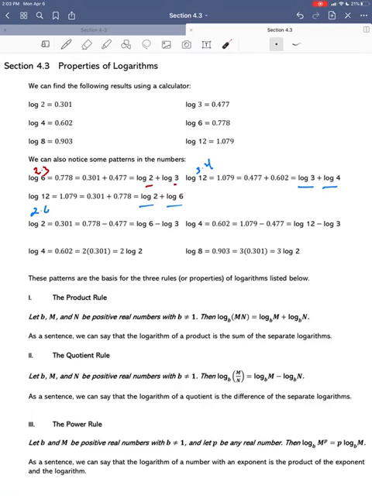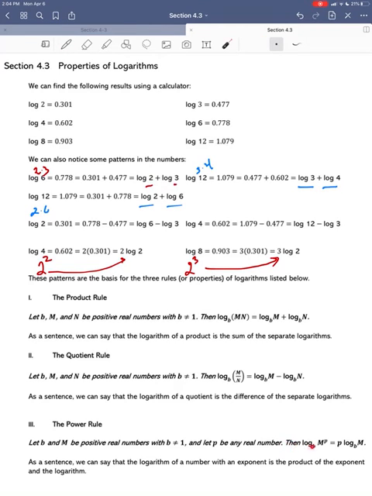The final property we have is a power property. 4 is the same thing as 2 squared. And that becomes then 2 times the log of 2. 8 is 2 to the third power. That becomes 3 times the log of 2. And so we get this last property.